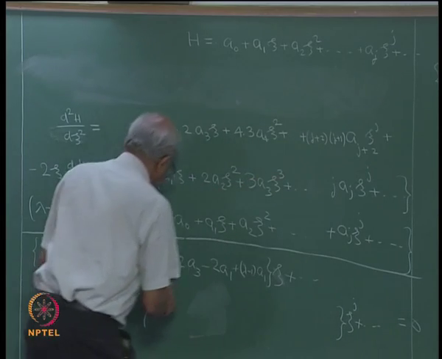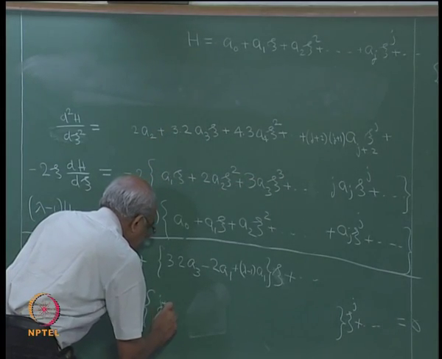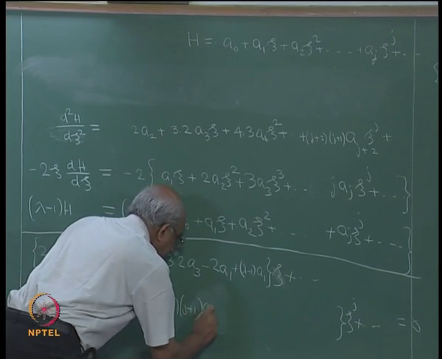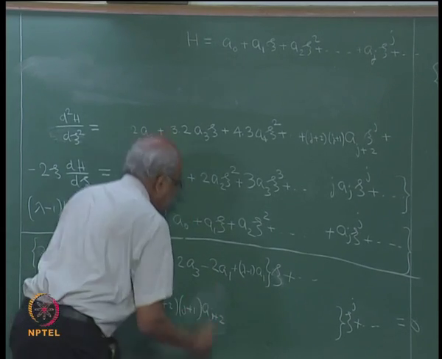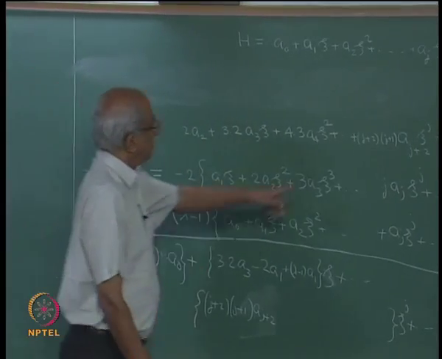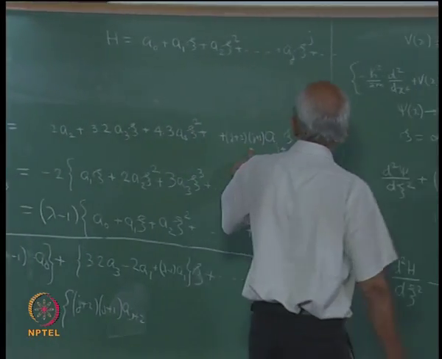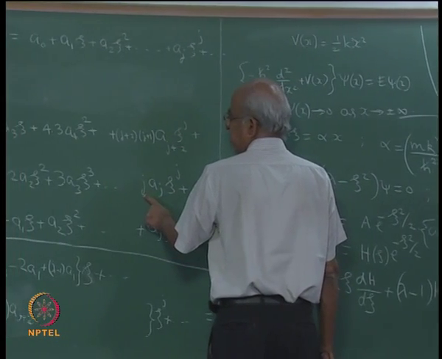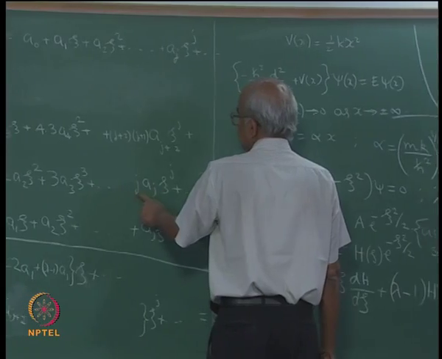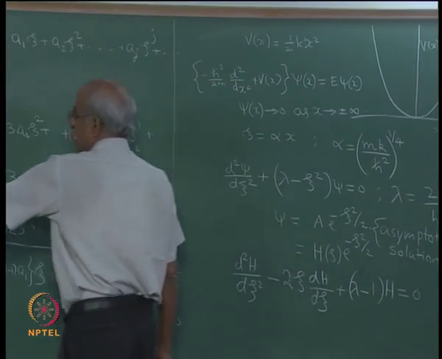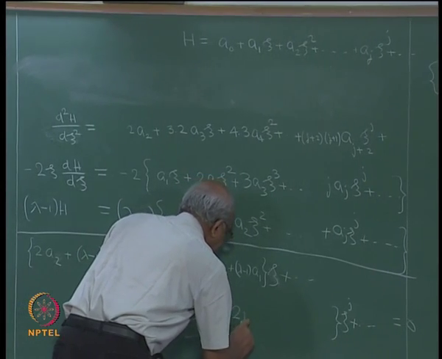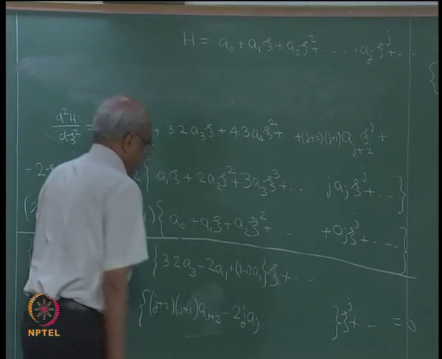Well, you are going to get j plus 2 into j plus 1 into a_{j+2}. That is coming from here, that is the term involving c to the power of j. Then there is a term coming from here, j a_j, but that has a minus 2 associated with it. So, therefore, minus 2 into j a_j.